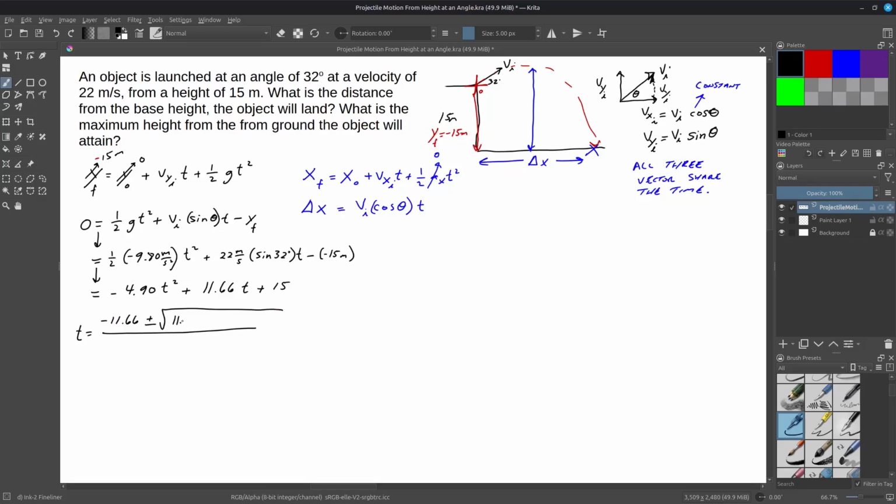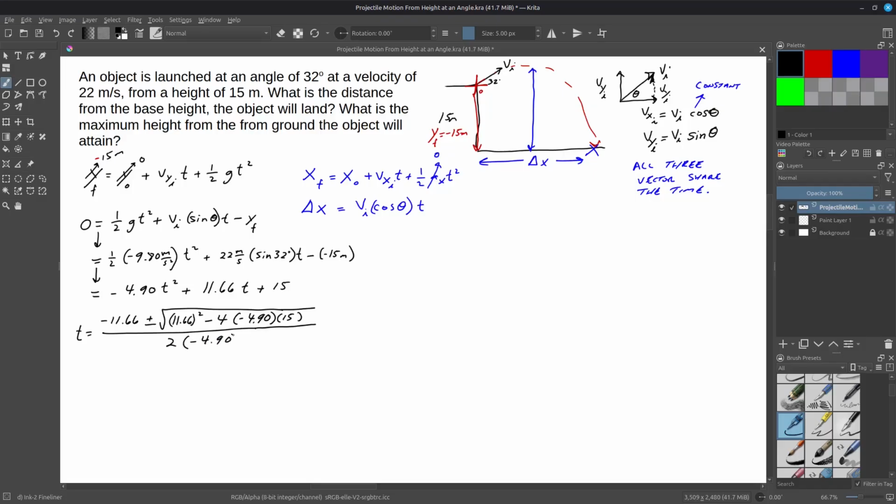So 11.6, I'm going to put this in parentheses, squared, minus 4 times negative 4.90. And again, you could put the units in here and it would work out just fine. So 15. I just want to do this for the convenience of saving time.